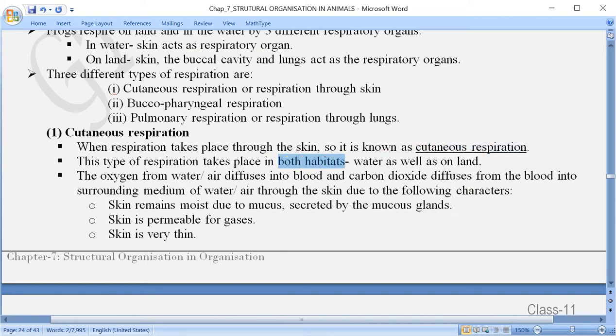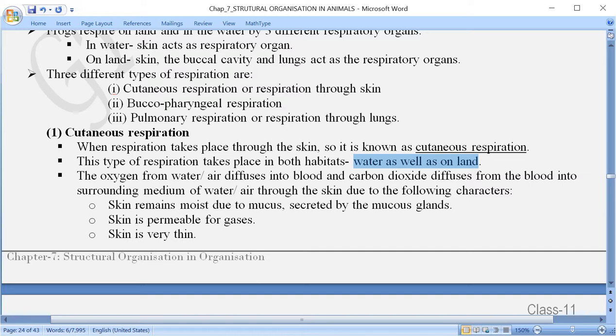They have two habitats: one is the water, that is aquatic life, and they are also able to live on the land without any difficulty. So the cutaneous respiration can take place on land and also in water.